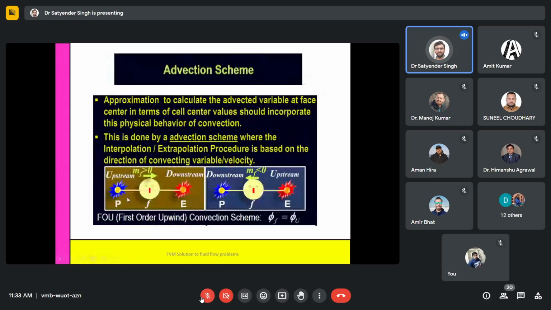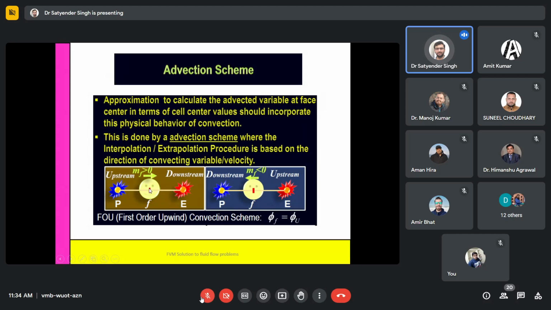So let's say a fluid is flowing in this direction, then upstream and downstream arise. Upstream will be the wake of the fluid, and then downstream is coming forward. Let's say when a river is flowing, you can properly understand upstream and downstream from, let's say, a mountain. So this will be a cell center.